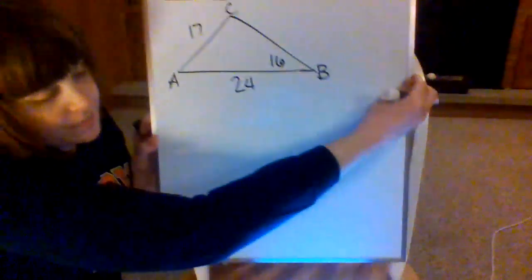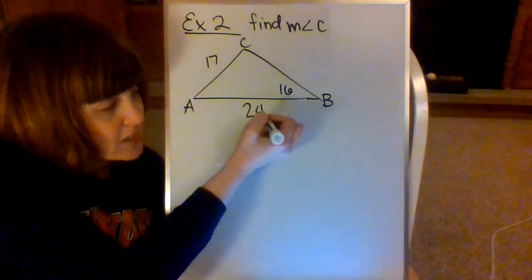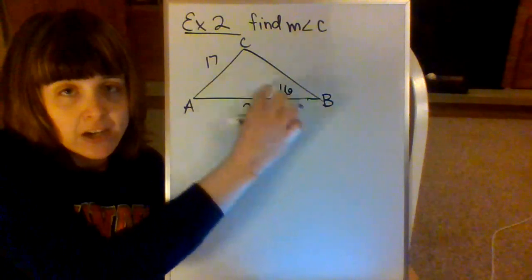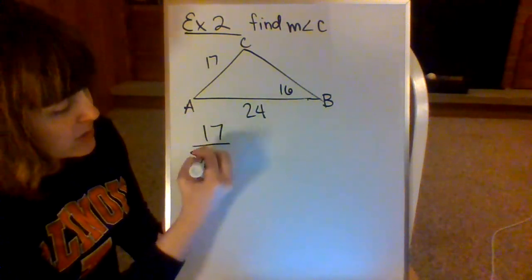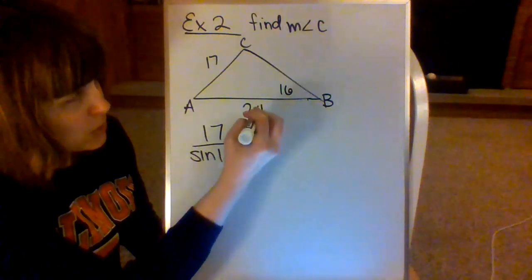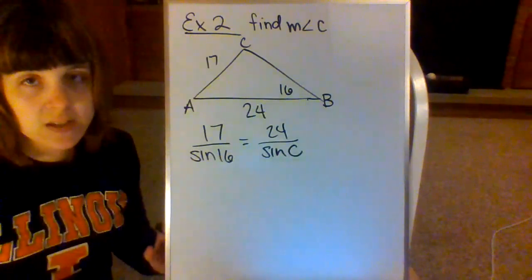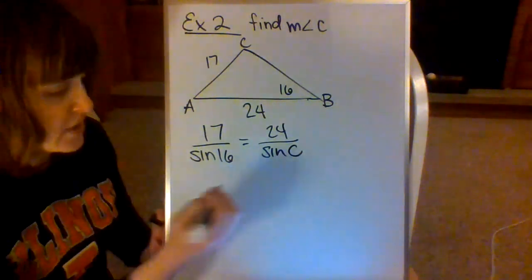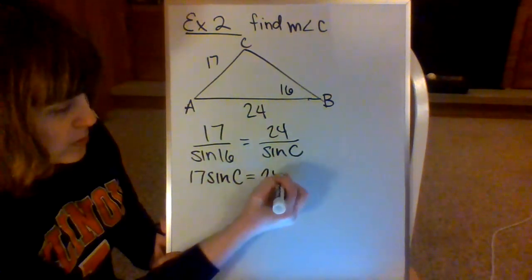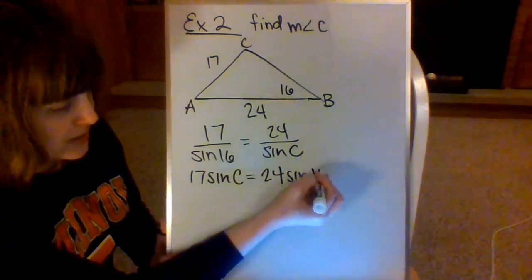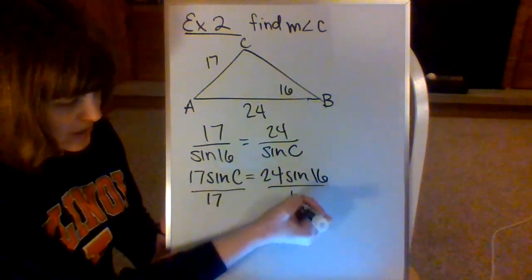As you can see, we have 17 as the side opposite angle 16. So we're going to start with 17 over sine 16 equals 24 over sine C. We're going to cross multiply again, so we're going to have 17 sine C equals 24 sine 16, and we're going to divide both sides by 17.